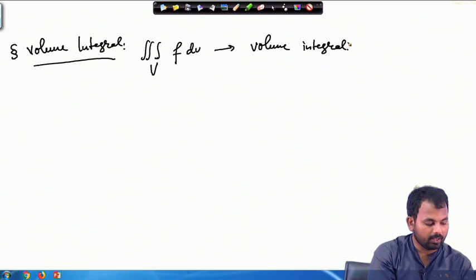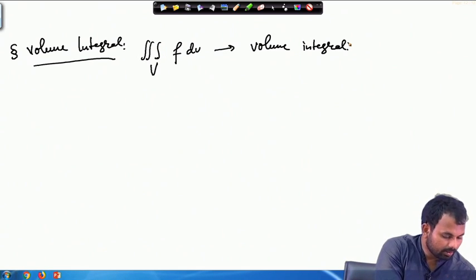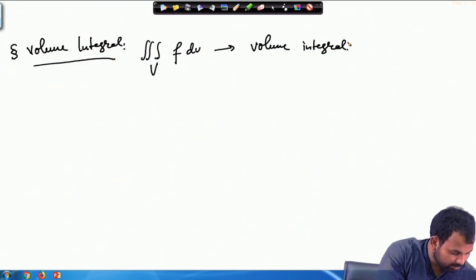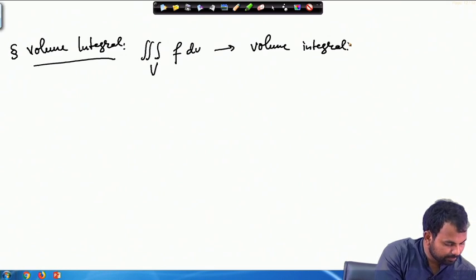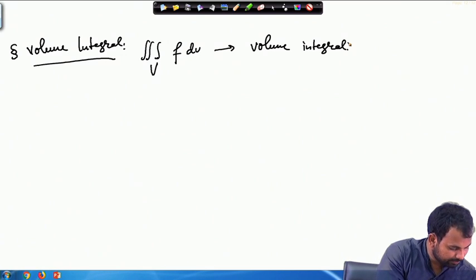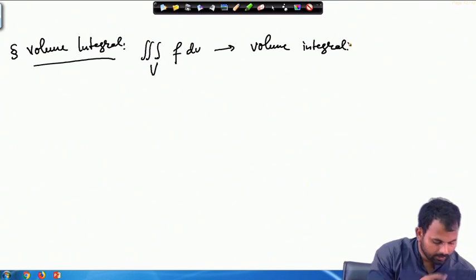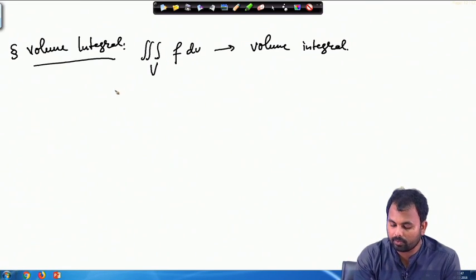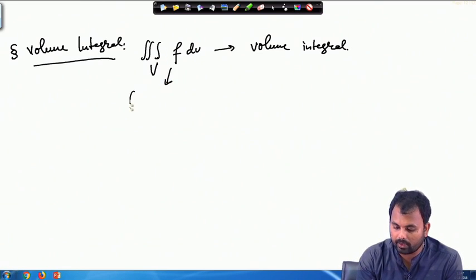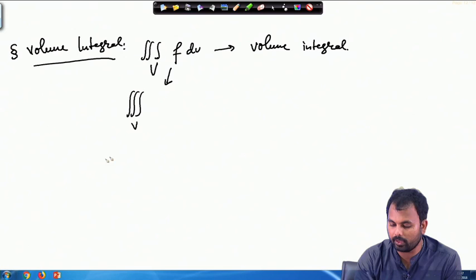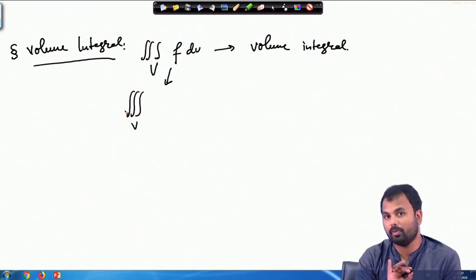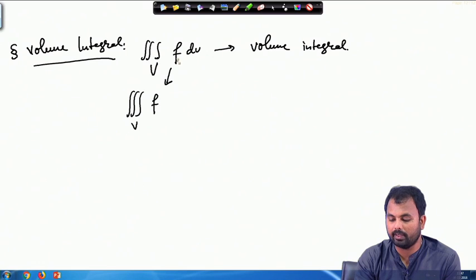Now, in order to calculate this type of integral, I will show how you can do it. First of all, we can write this as a triple integral, or one can also prefer to write just one integral with V, depending upon how you are writing dV.